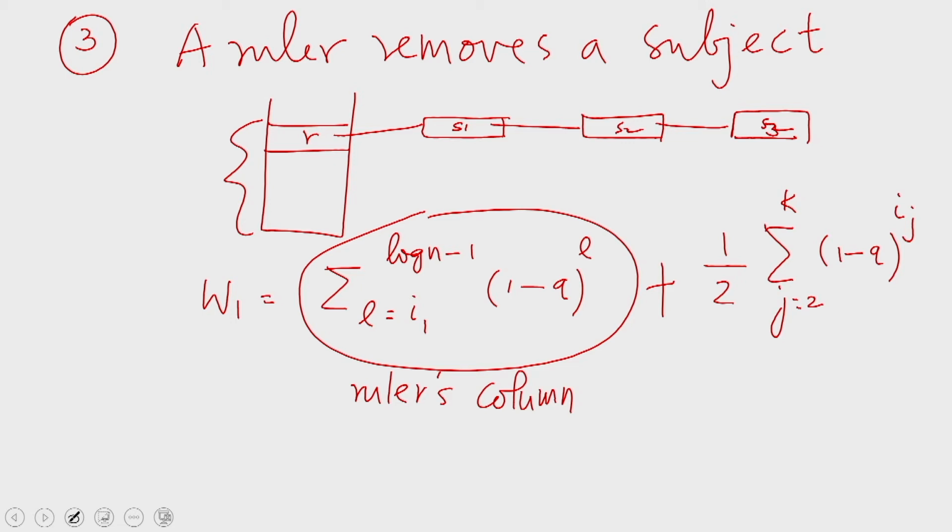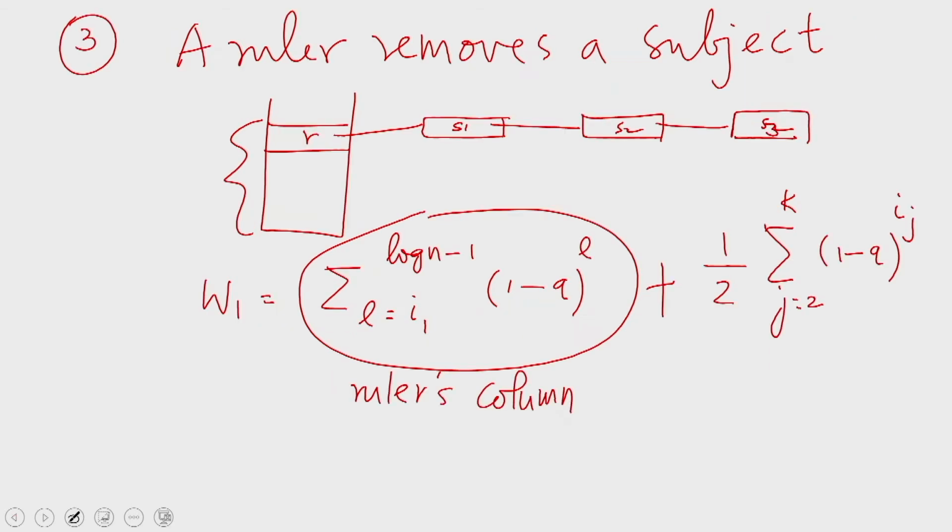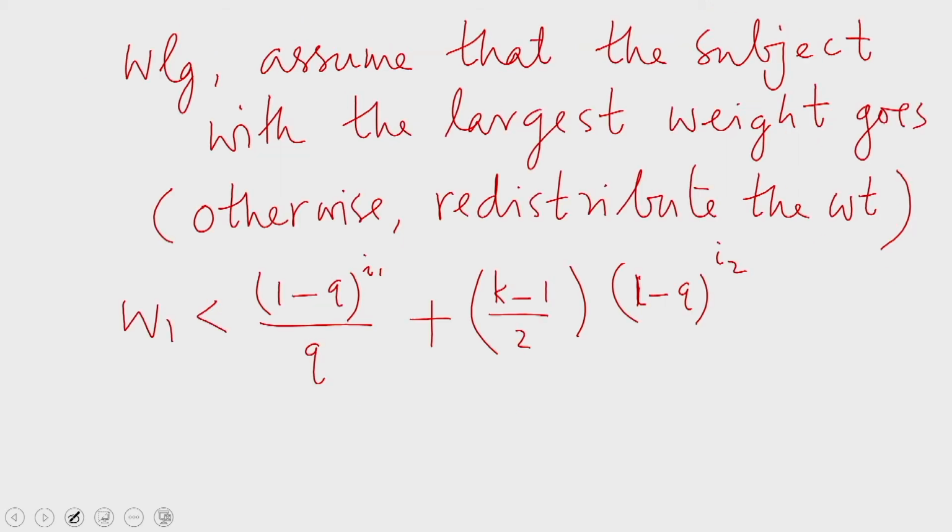There are k minus 1 terms here, but since we have assumed that 1 minus q power I2, which happens to be the largest weight of all the subjects, is the one which is being removed, I can assume that this is at most (k minus 1) by 2 times (1 minus q power I2). 1 minus q power I2 we assume is the largest of all these terms. So, I am replacing this with a larger sum, which is (k minus 1) by 2 into (1 minus q power I2). This inequality holds good.